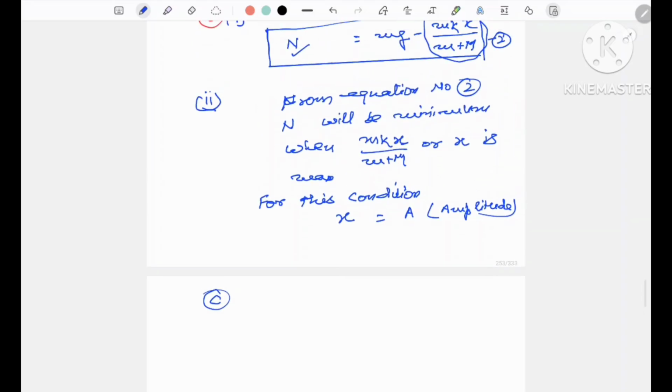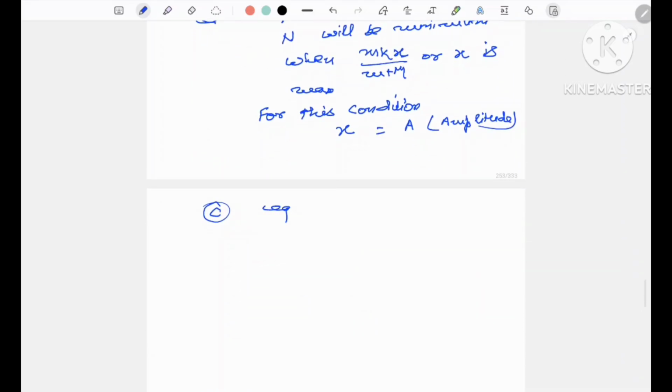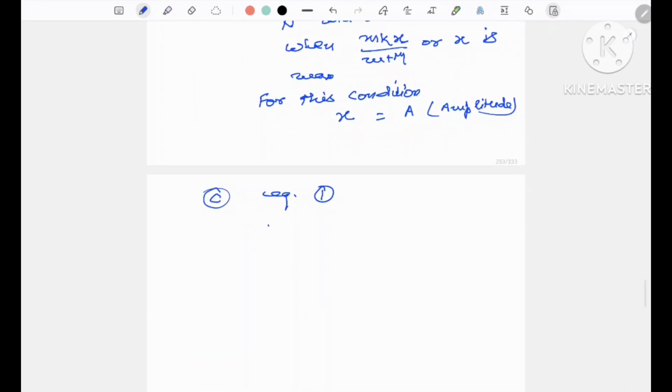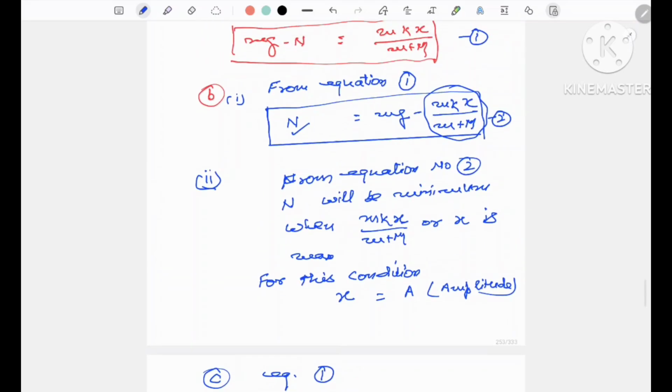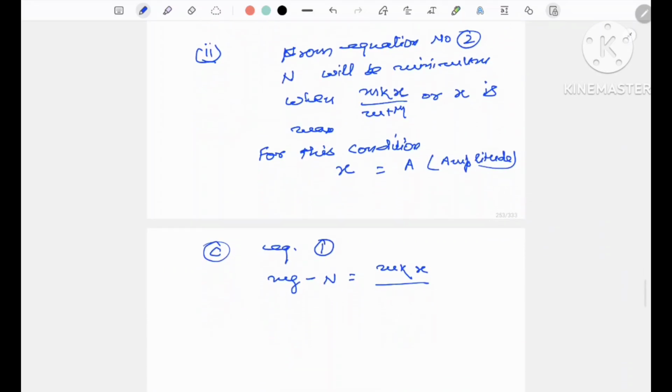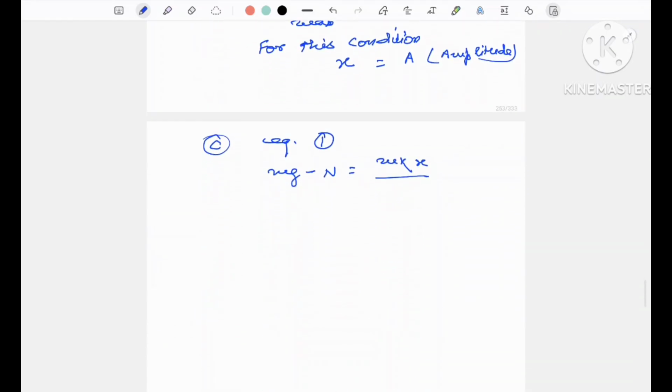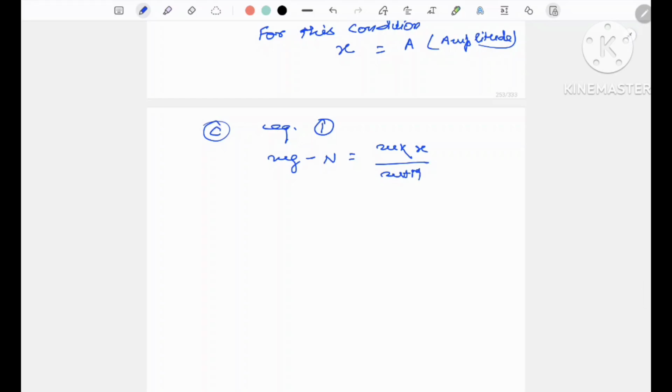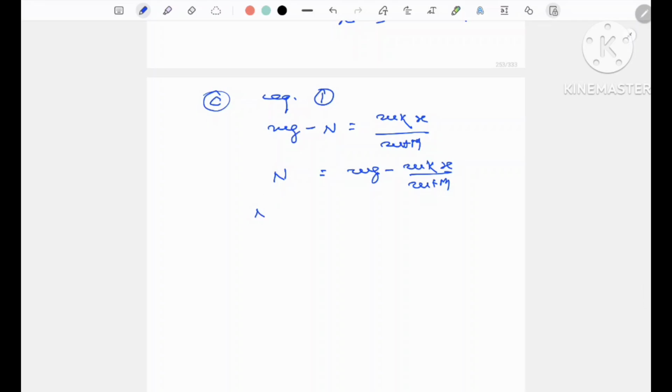Part C. Equation number 1: mg minus N is equal to m k x by (m plus M), or N is equal to mg minus m k x by (m plus M), and N minimum is mg minus m k A by (m plus M).